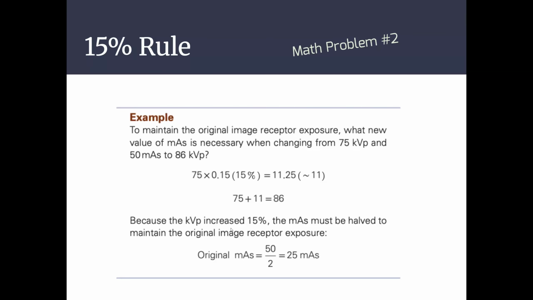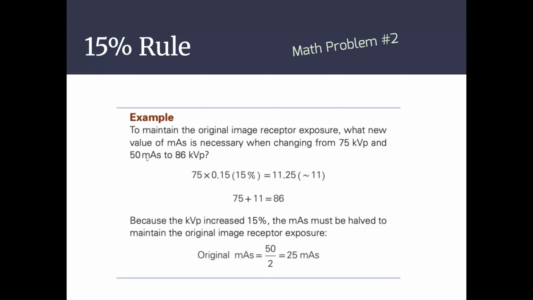Because the kVp increased 15%, the mAs must be divided in half to maintain the original exposure. Our original technique was 75 kVp, 50 mAs, but we want to change to 86 kVp.